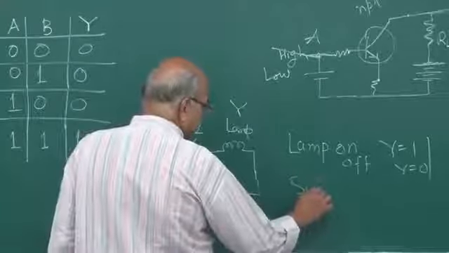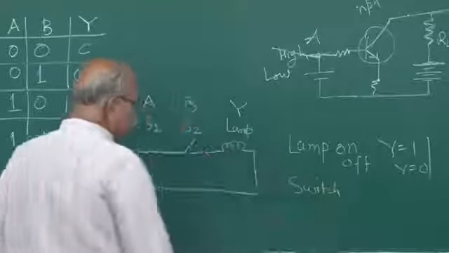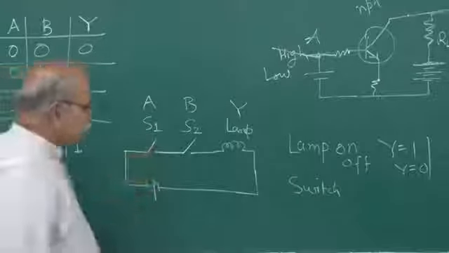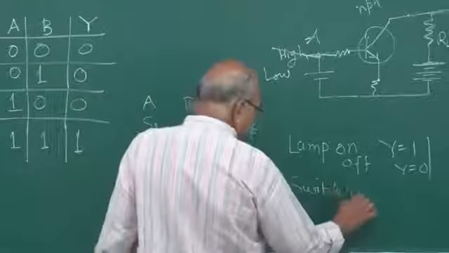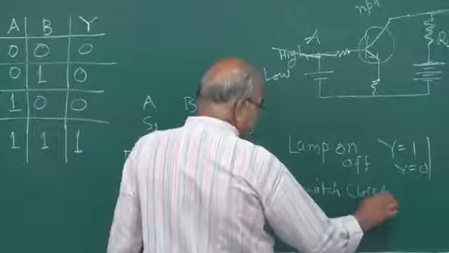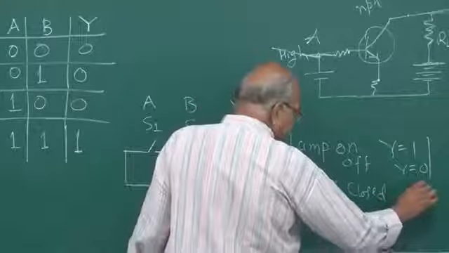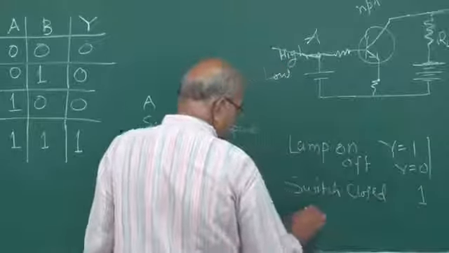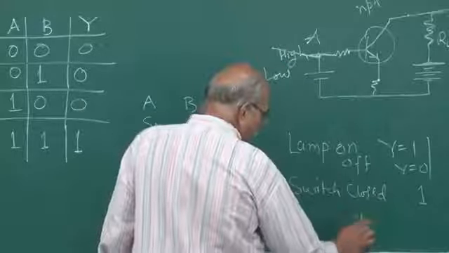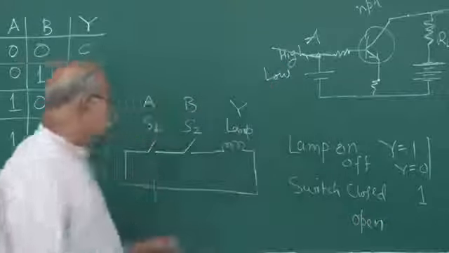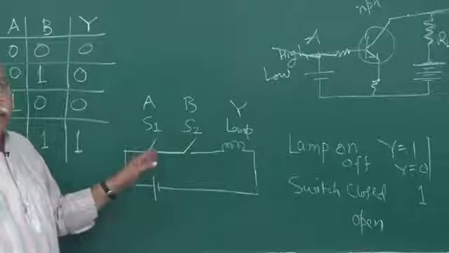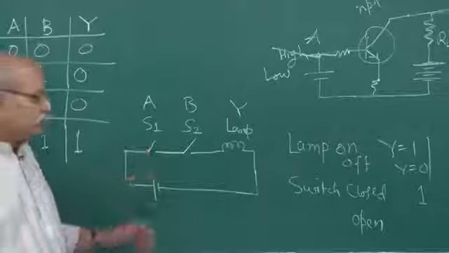And for input, switch S1, any switch, if it is closed, closed means connected, so if the switch is closed, we will call that 1. This is your input, A or B, and if the switch is open, as it is shown in this figure, we will call that 0.